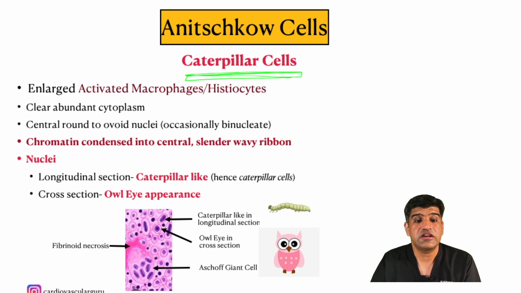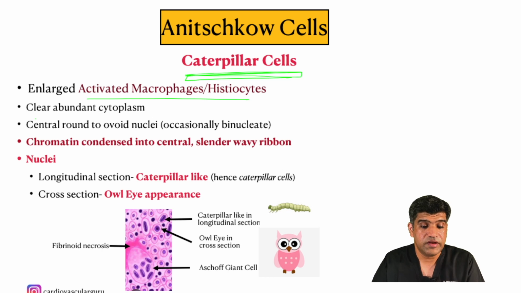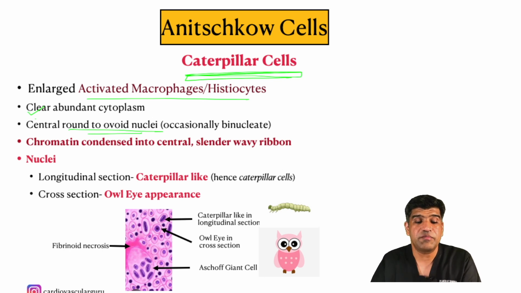These are enlarged activated histiocytes or macrophages. What are the cellular characteristics? These have abundant clear cytoplasm, central round or ovoid nuclei, usually binucleate. Chromatin is condensed into a central, slender and wavy ribbon type of pattern.